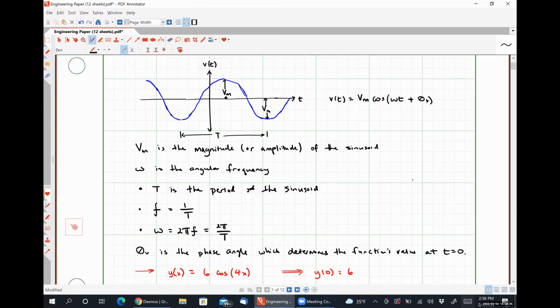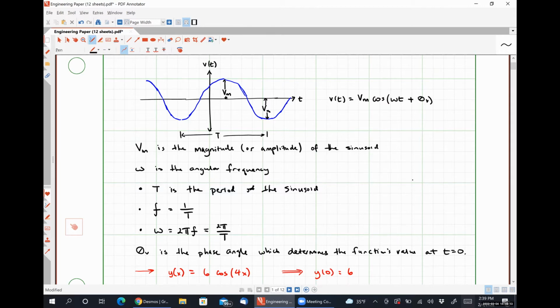Let me explain what I mean by that. If we look at this terribly drawn sinusoidal waveform, V of t up at the top in blue, this could represent a cosine function that has been shifted to the right by some amount of time.